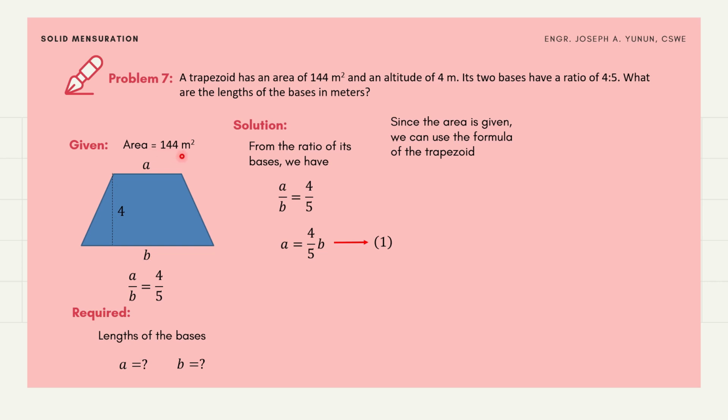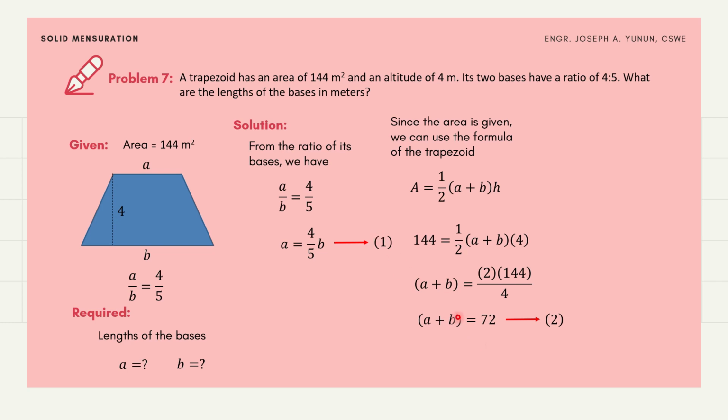The area of the trapezoid is the mean of the bases multiplied by height, or simply 1/2 times a plus b multiplied by height. Substituting the values 144 for the area, height is 4, then simplifying that, I arrive at this value. I assume this is equation 2.